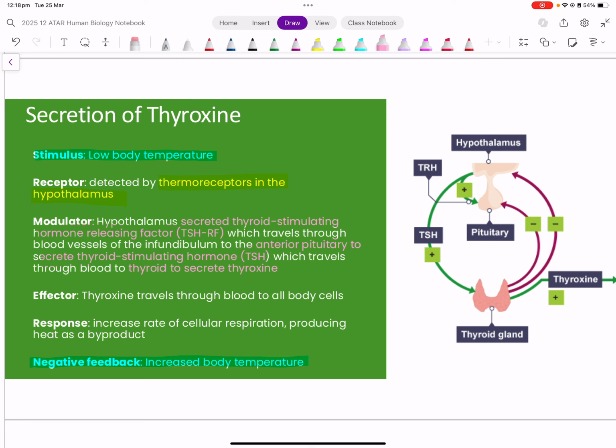Now, in terms of the effector, it is different here as well. The effector is that thyroxine traveling through the blood and going to all body cells, and what does it do? It increases the rate of cellular respiration. And just as we saw with shivering, when we increase the rate of cellular respiration, we are also producing more heat. Consequently, that is going to increase our body temperature.